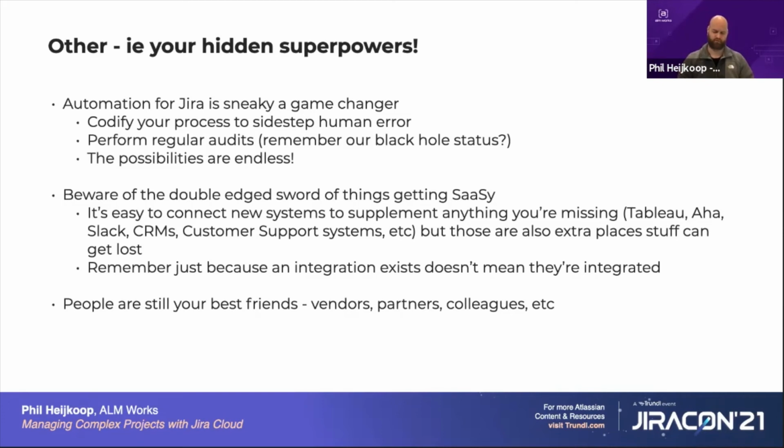The challenge here is not to avoid adding SaaS products. It's making sure that you are clear where the single source of truth is for all these things. It can be Jira. It doesn't have to be Jira for everything. CRMs are there for a reason. But make sure the organization knows where to put information, where to find information, where to look things up, because you are evolving and managing complexity.